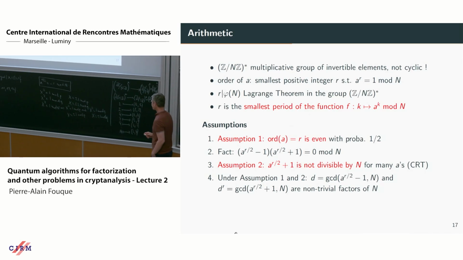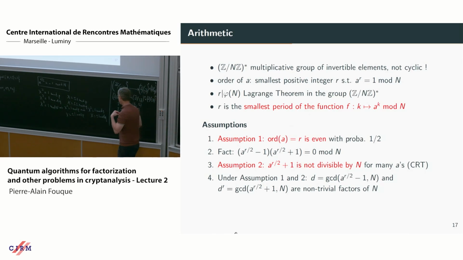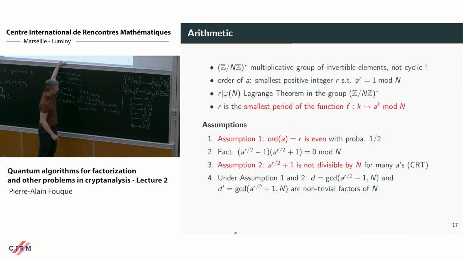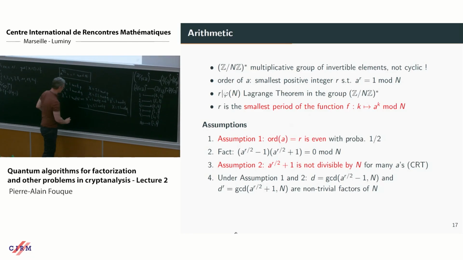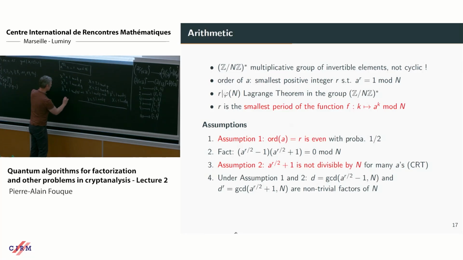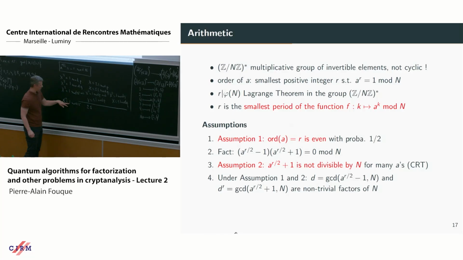Now I will show you that we have many different roots of unity, and we have 4. For instance, if we are interested in this equation mod 15, we have always 2 solutions, so plus and minus 1 are trivial solutions for this.